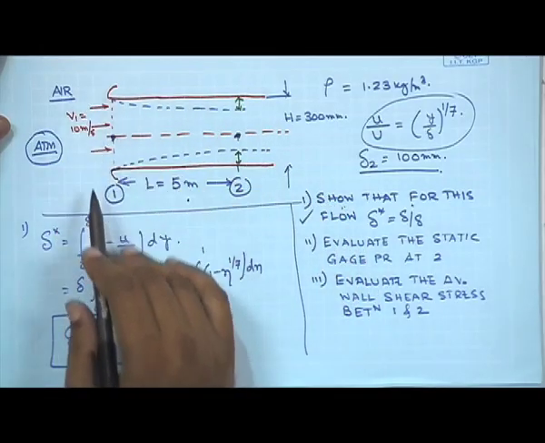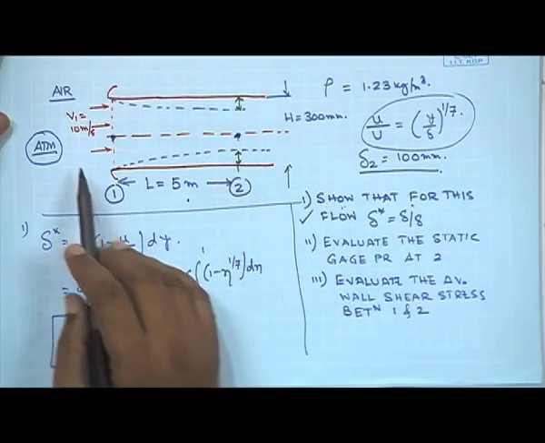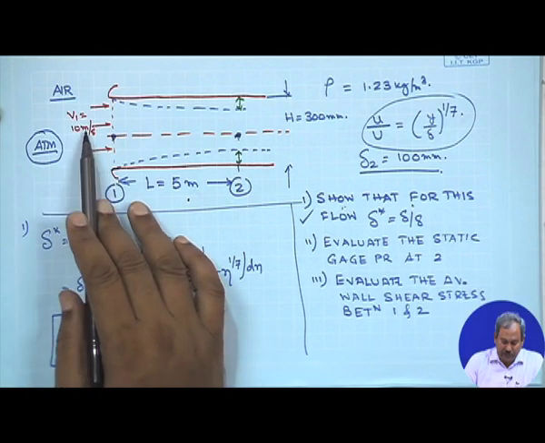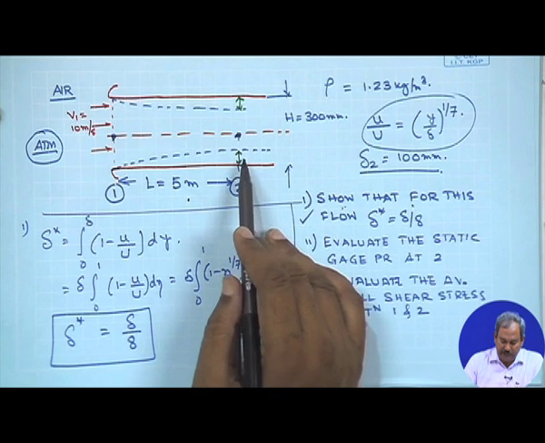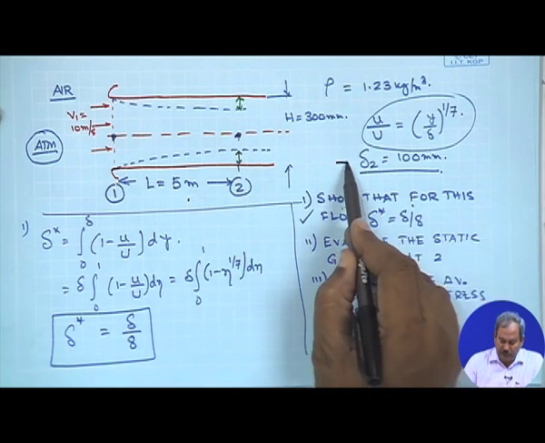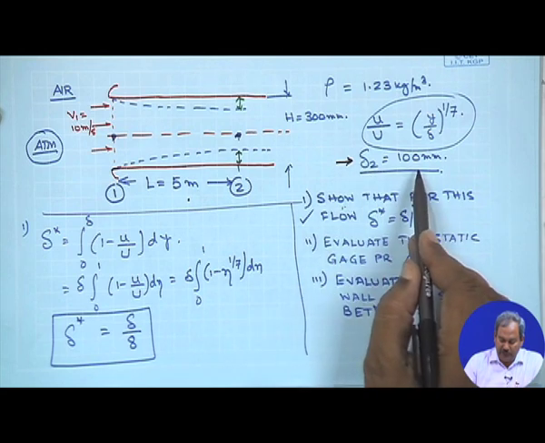The way we handled the first part of the problem, the relation between delta star and delta, in our previous class, we would refer to that now. This is the figure of the problem where we have air at atmospheric pressure. At the entry point the velocity was given as 10 meters per second, and at location 2 the thickness of the boundary layer was given as 100 millimeters.